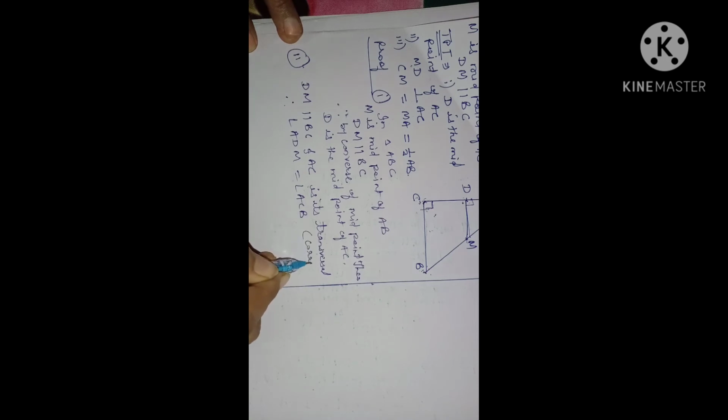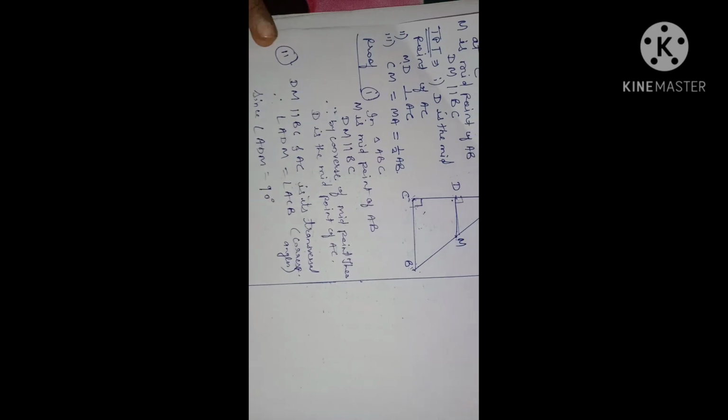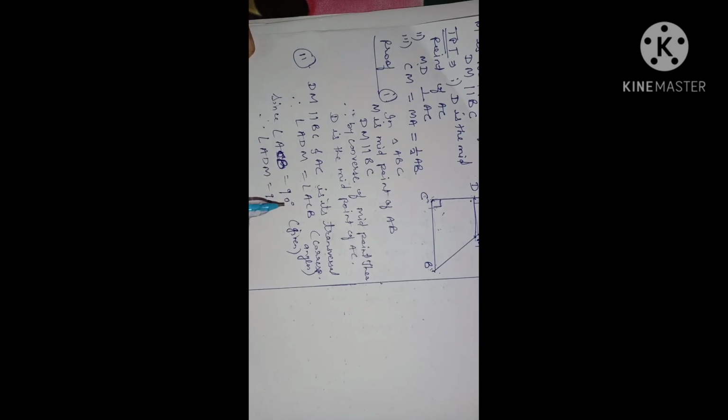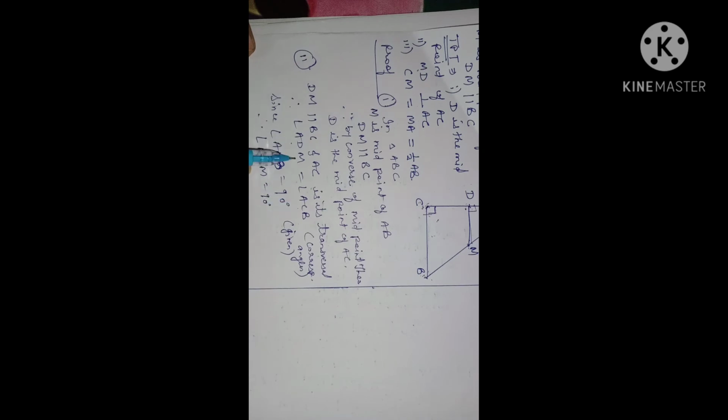Reason, corresponding angles. Now, since angle ACB is given as 90 degrees, we can write angle ADM will also be 90 degrees because ADM and ACB are equal.